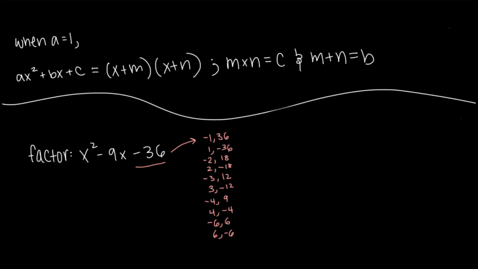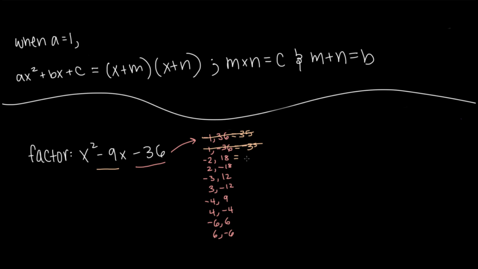Now, going from here, we have to add all of these together and see which one brings us a negative 9. So let's see. Negative 1 plus 36 is 35, so that's not it. 1 plus negative 36 gives us negative 35, which is also not it.